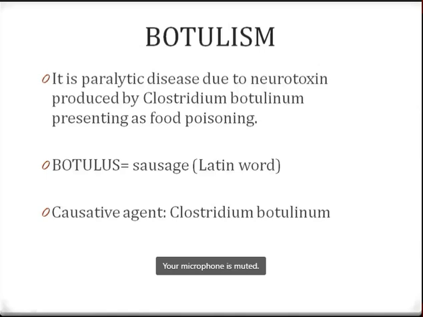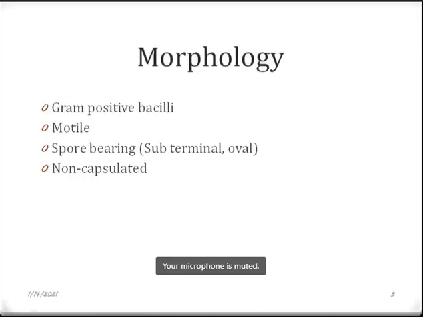If we observe the morphology of Clostridium botulinum, it is a gram-positive bacilli. It is motile and spore-bearing. The shape and position of the spore is subterminal and oval, and it is non-capsulated.